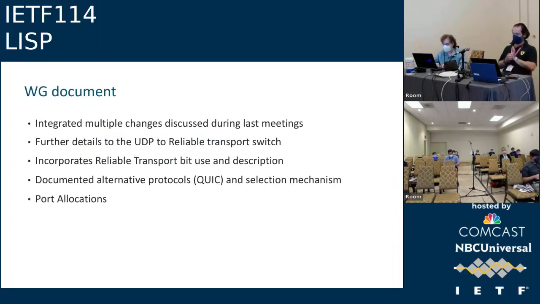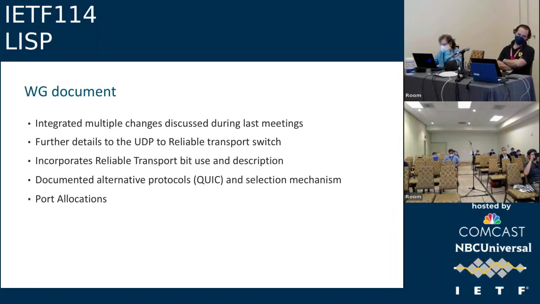Okay, so we just wanted to provide an update on the reliable transport draft now that it's a working group document. I'm Mark, presenting on behalf of the list of authors. In terms of updates, we've been integrating all the changes that we've been discussing during the last meetings in this document. In particular, we've provided further details on how we do the transition from UDP to reliable transport. The draft now also incorporates the reliable transport bit that drives the understanding between the ETR and the map server on when to use reliable transport.